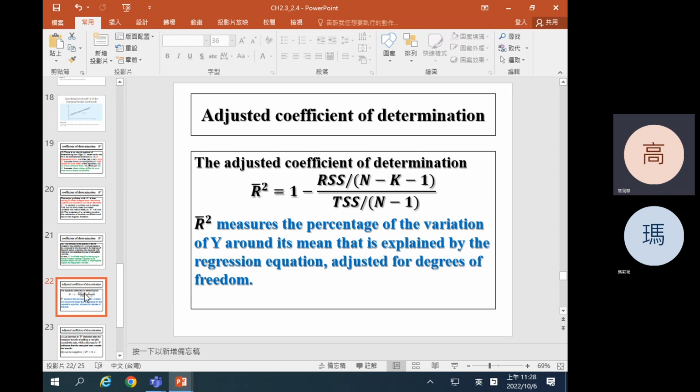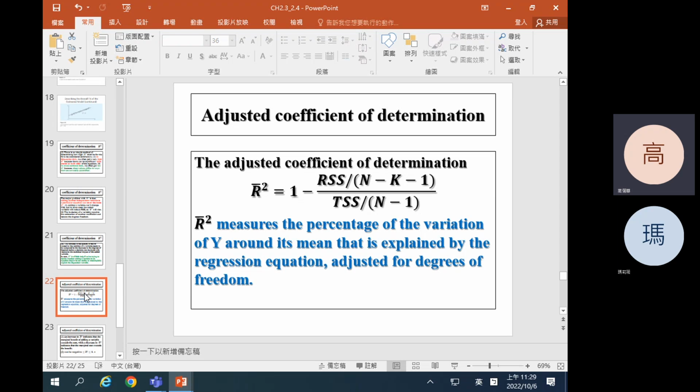Okay, look at the two expressions. I have this one, which is RSS over TSS. And what does this look like if I'm using this data?